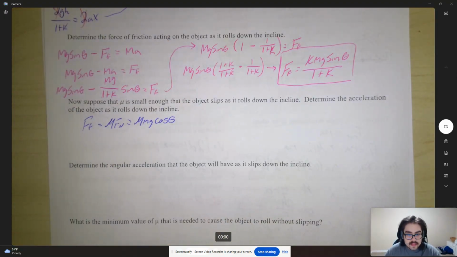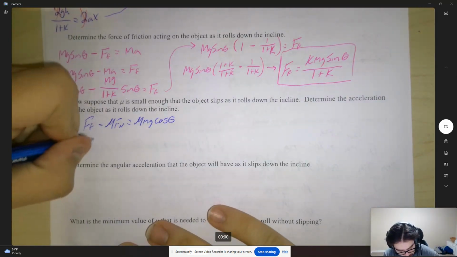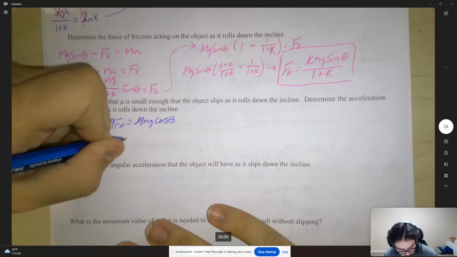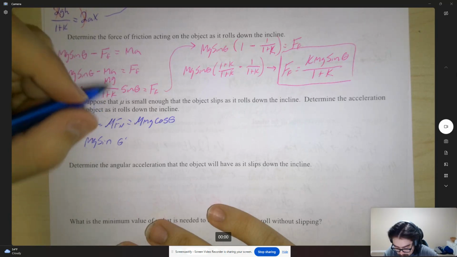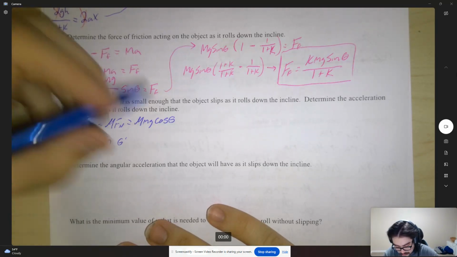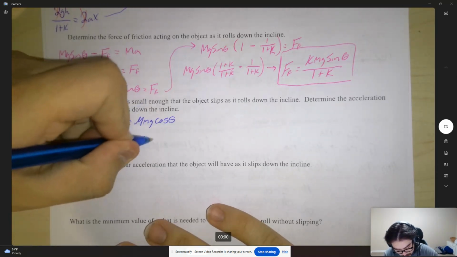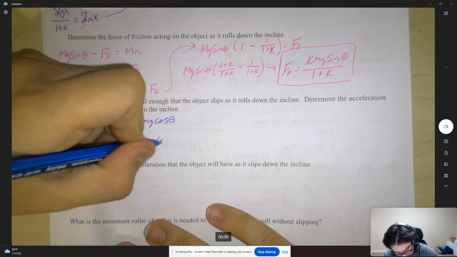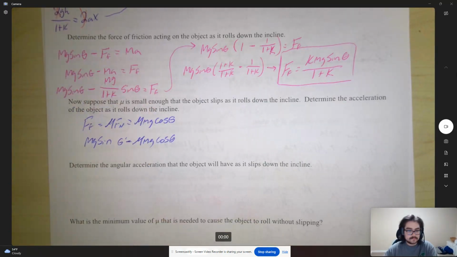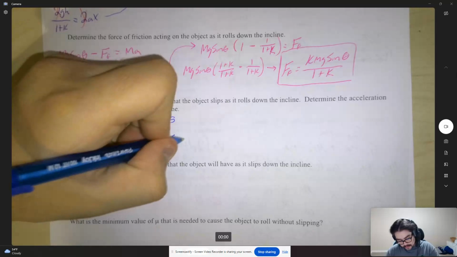So then I'm going to again set up a balanced forces equation: mg sine theta minus mu mg cosine theta equals ma.